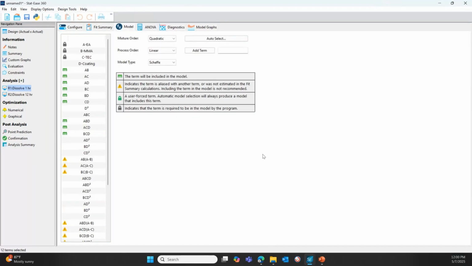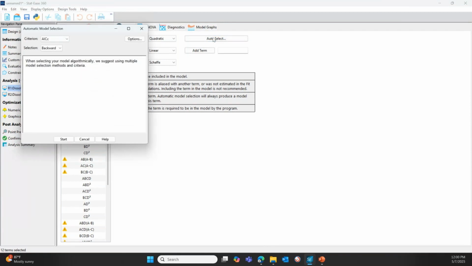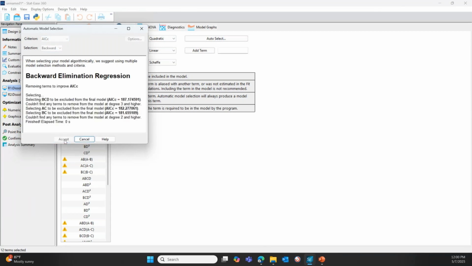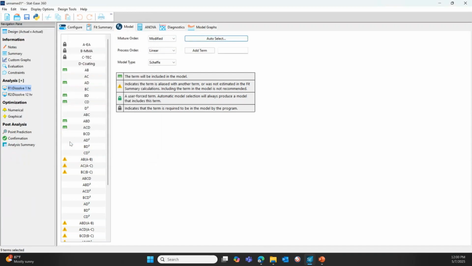Now, with these more advanced designs, we probably almost always have more terms than we should as predictors. And I'm going to let the software tell me which ones it should get rid of. So I'm going to use some criteria. I'm going to do something called automated model reduction. This is a little bit more advanced, but necessary in these types of DOEs.